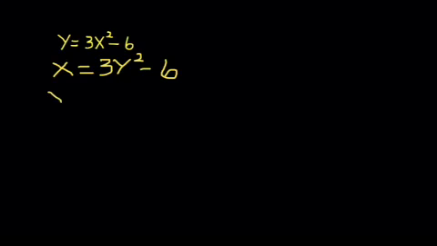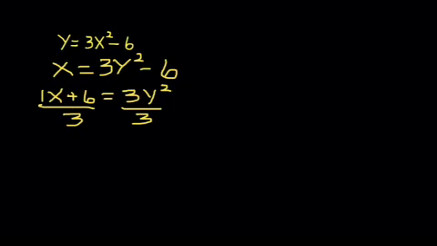And I do that, I move the 6 over to the left side, it becomes positive. I still have 3y squared left on the right. To get rid of the 3 in front of y squared, I divide both sides by 3. Remember, this is assumed to be a 1.